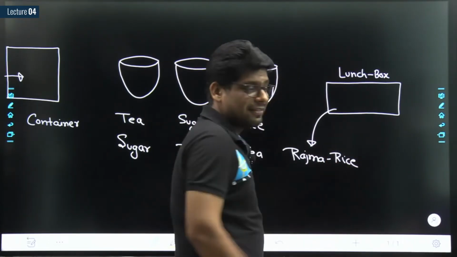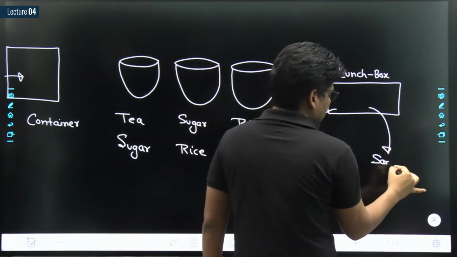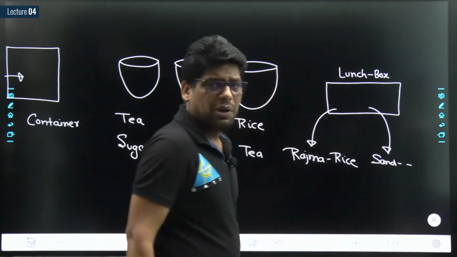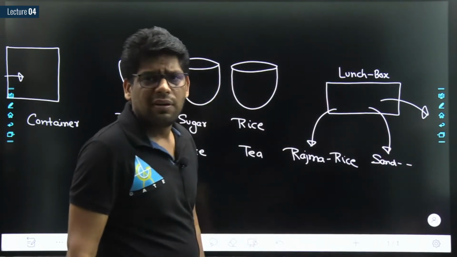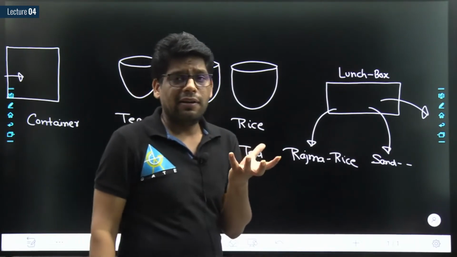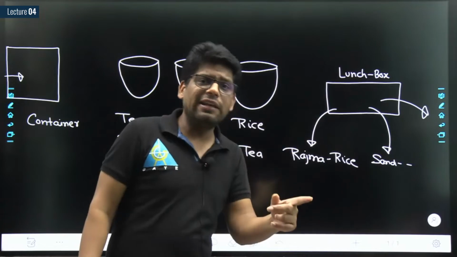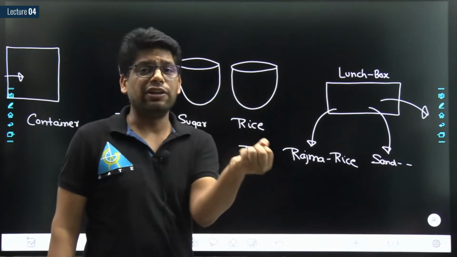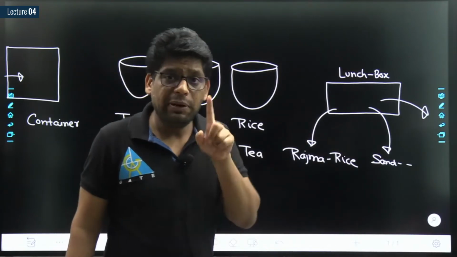On the other day, you could have sandwich. Am I right or not? On some other day, it could be another surprise for you. Getting my point or not? So a container. What is a container? Sir, a variable is just like a container that will hold things. It may be different thing.